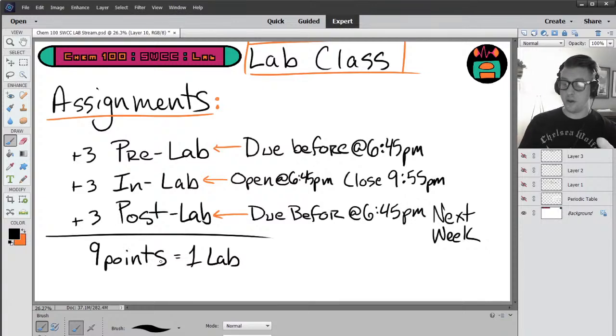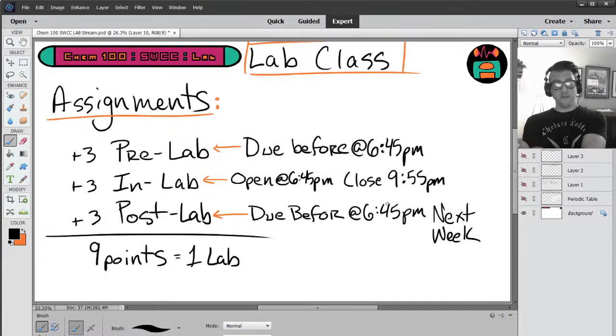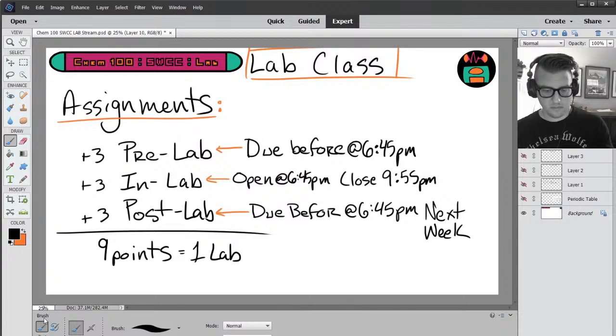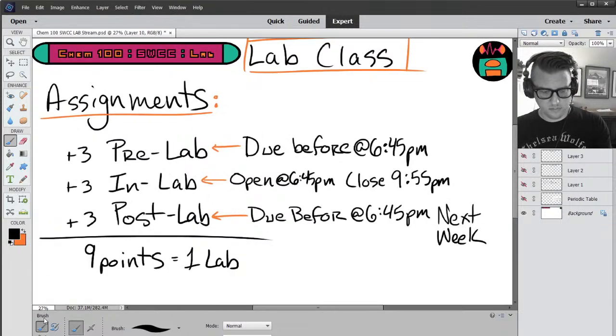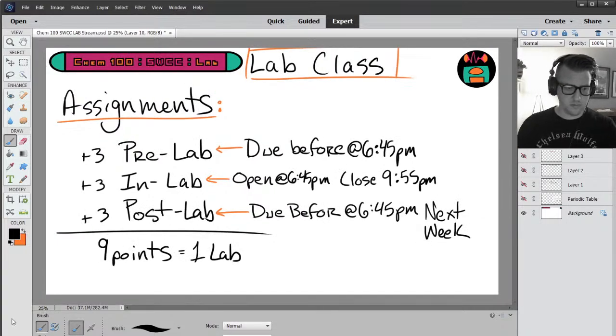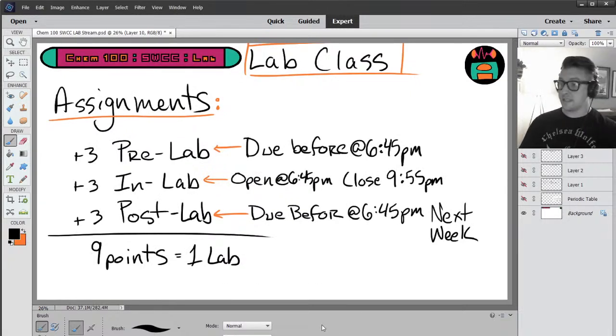So that is how the lab works. There's pre-lab work that's due before lab starts, in-lab work that you can only do during lab, and then post-lab is due before the start of your next lab period. So that's how the lab assignments are structured.